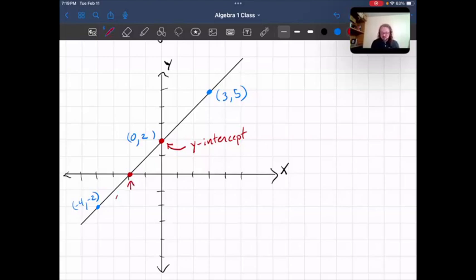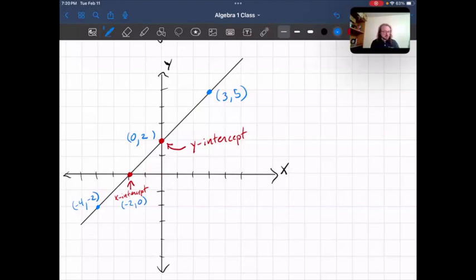So that's called the x-intercept. And its value is, well, it went left 2, and it didn't go up or down. So it's -2, 0.